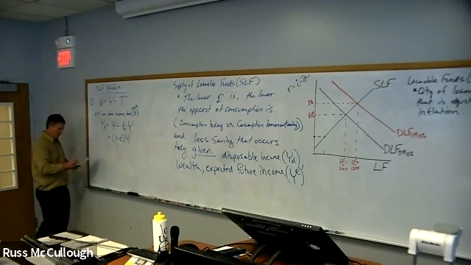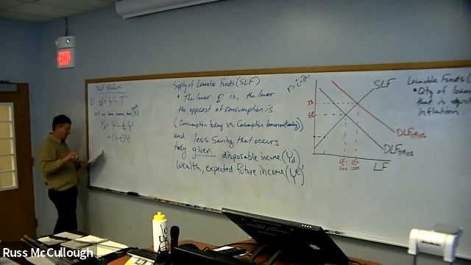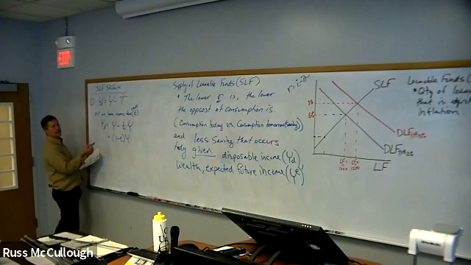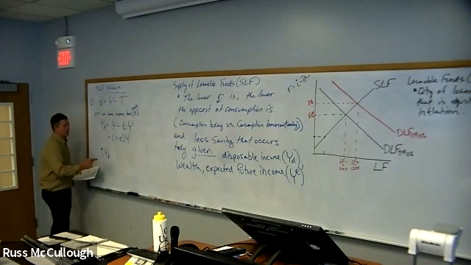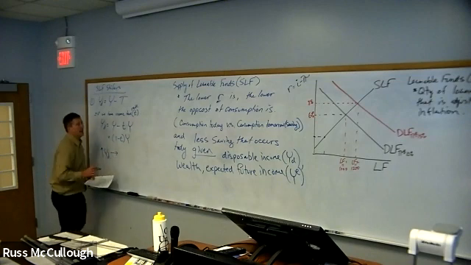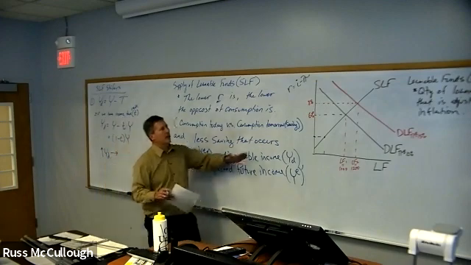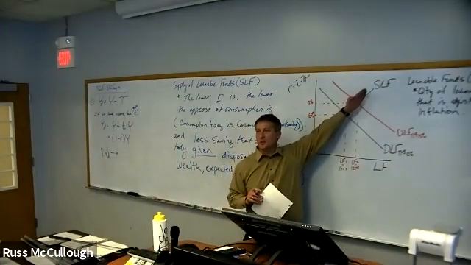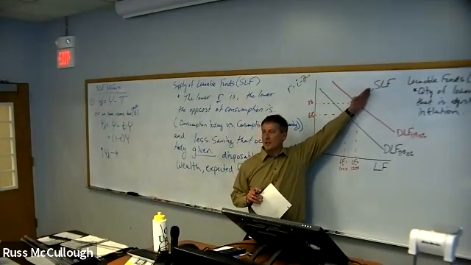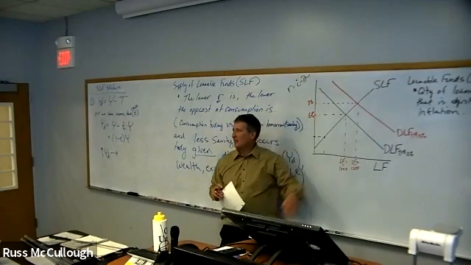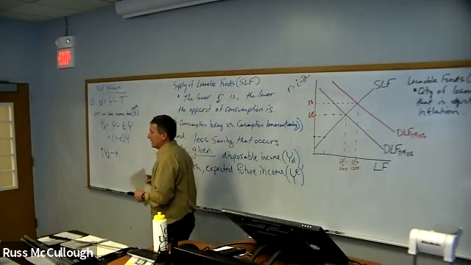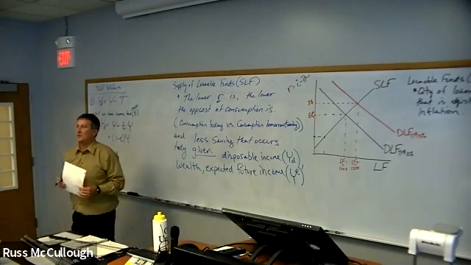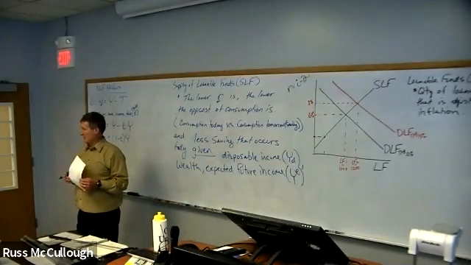All right, so the reason we have this one in here is that if there's an increase in disposable income, what's going to happen to the savings supply curve, you think? If people have more disposable income, are they going to shift to the right or to the left?